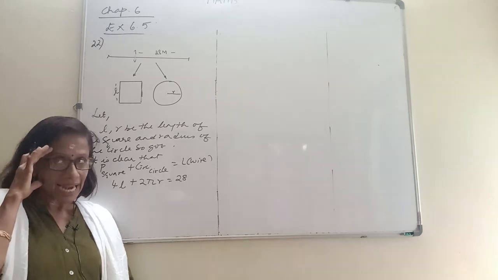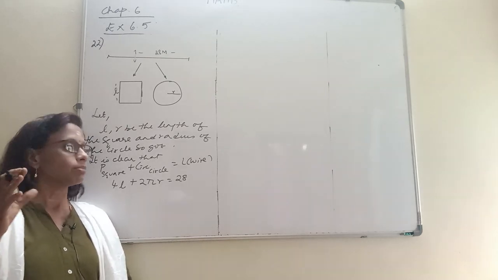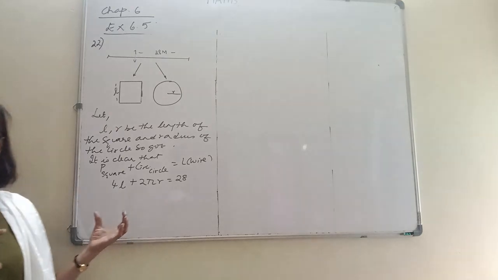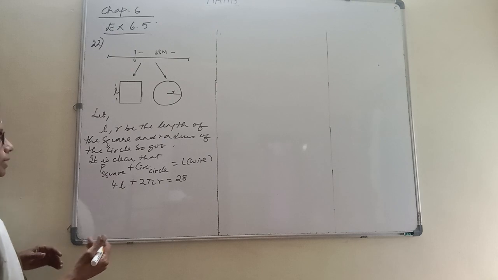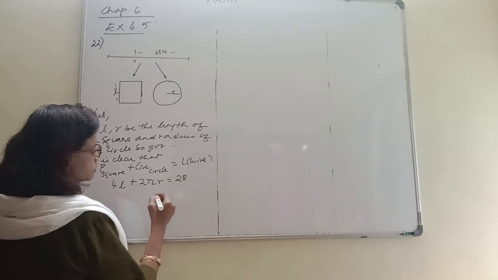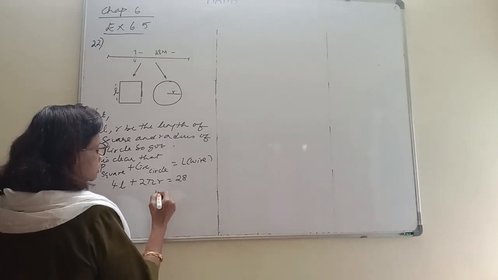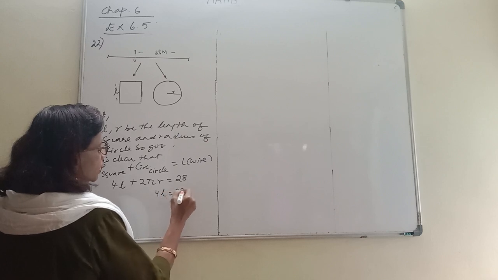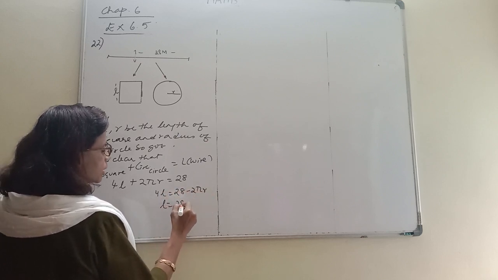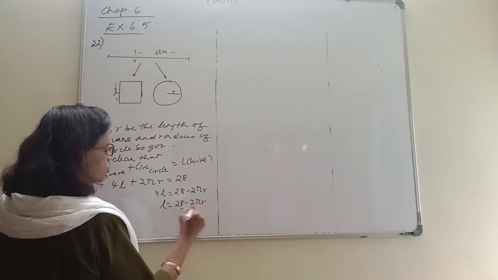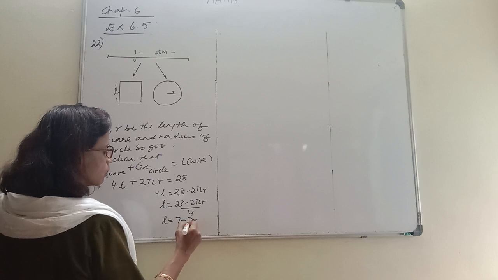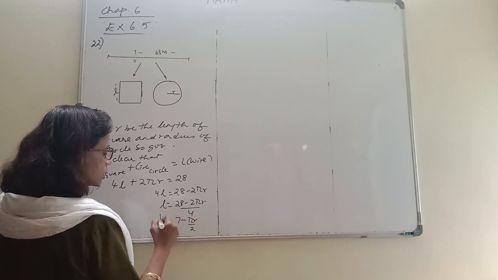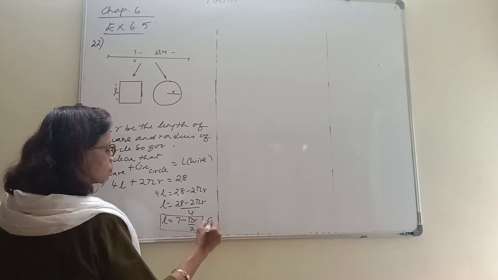So 4L can become 28 minus 2 pi R, where L can be 28 minus 2 pi R over 4, or if you simplify this, L is 7 minus pi R over 2.